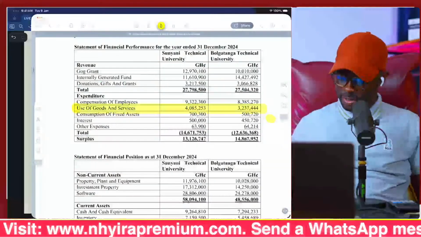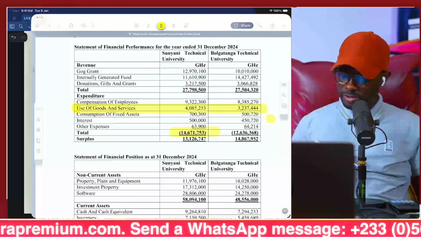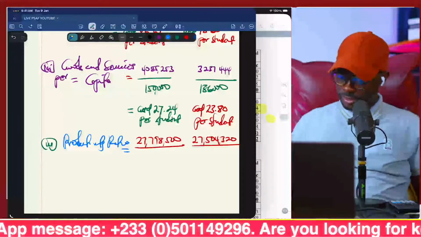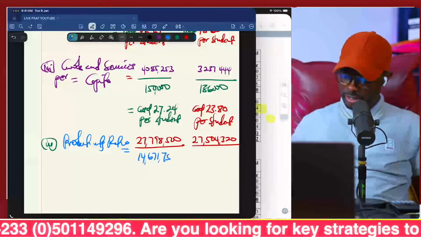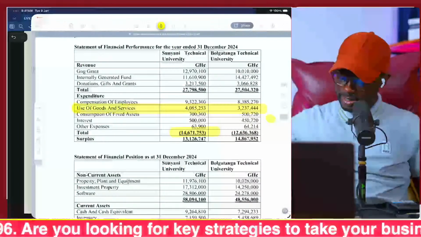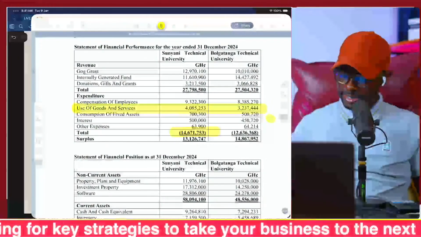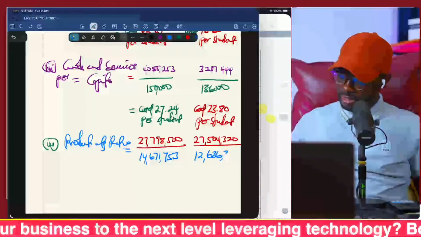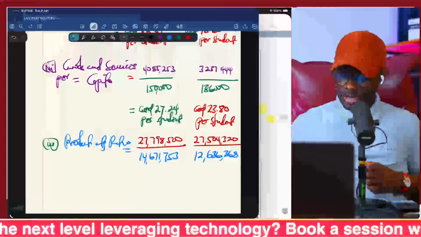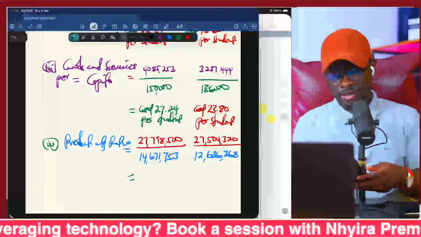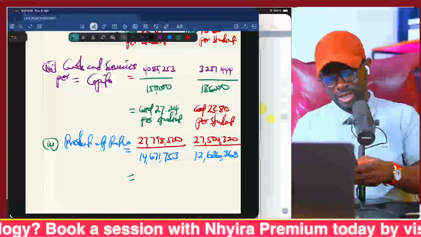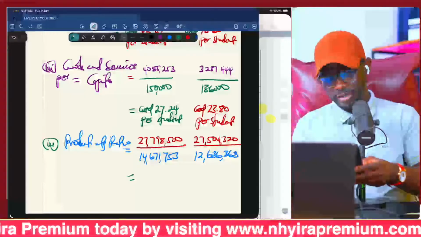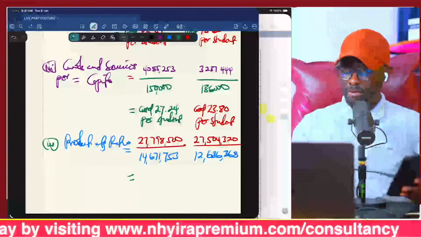We divide by total expenditures respectively: 14,671,753 as against 12,636,368. So let's see what we got. 27,798,500 divided by 14,671,753, maybe 1.9 times.